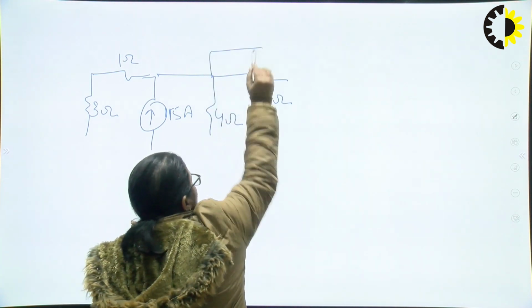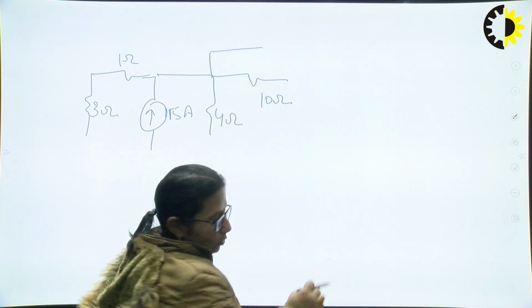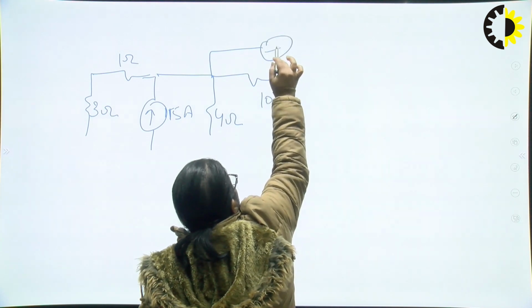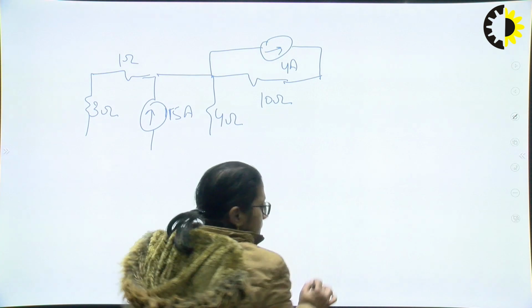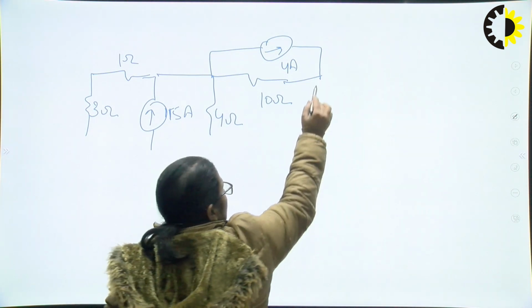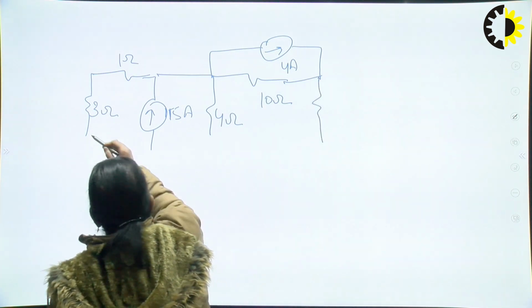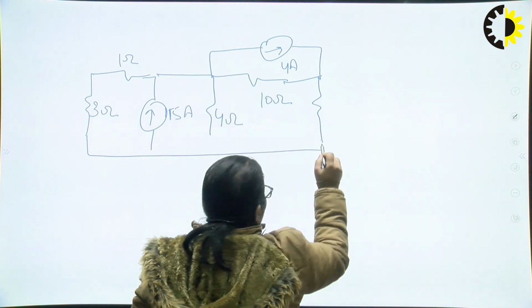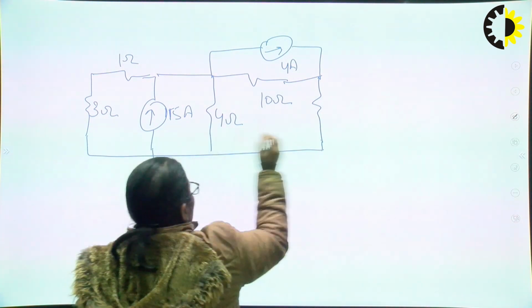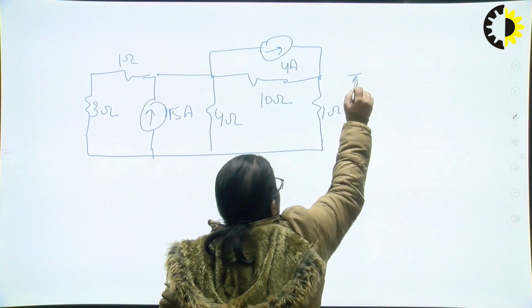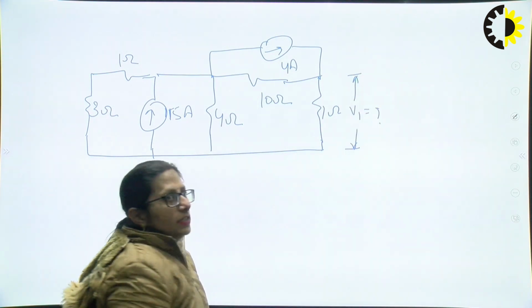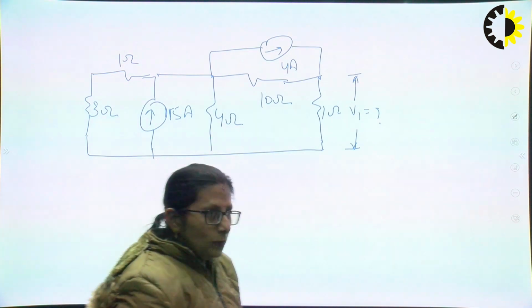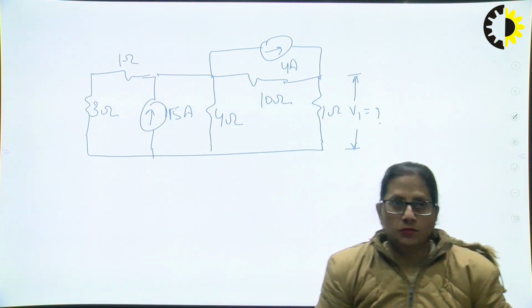In parallel to it, I have a current source of, say, 4 amperes. And then I have a resistance of 1 ohm. We need to know this V1, that means the voltage across 1 ohm, using the source transformation technique.